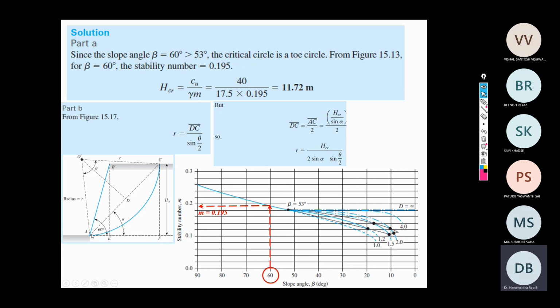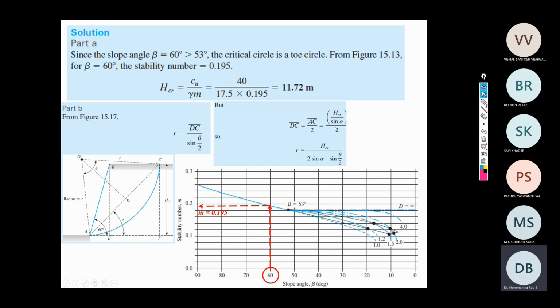If I take the triangle ACF, sine alpha is equal to the opposite side, that is H critical, by the hypotenuse, that is the chord length AC. So sine alpha is equal to H critical divided by AC. Now I need to rearrange in terms of AC. So AC is equal to H critical by sine alpha.